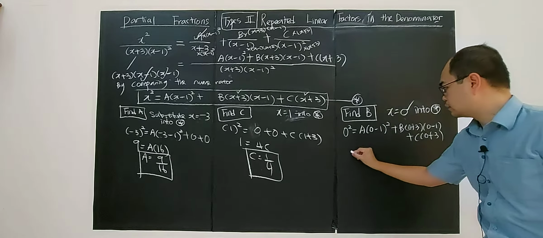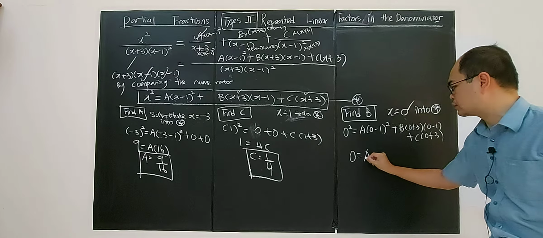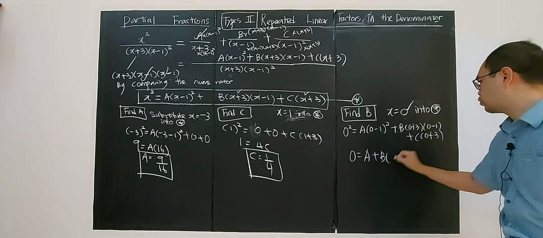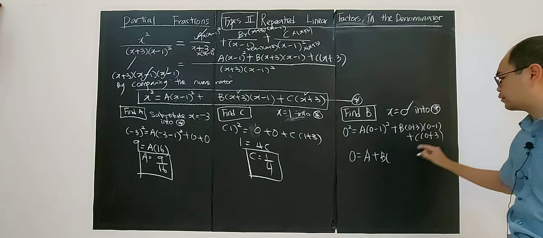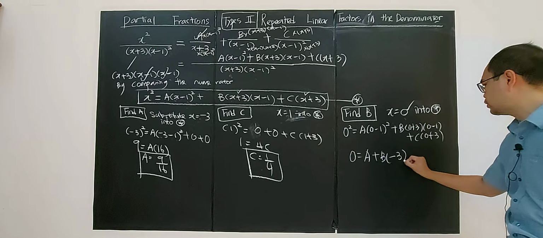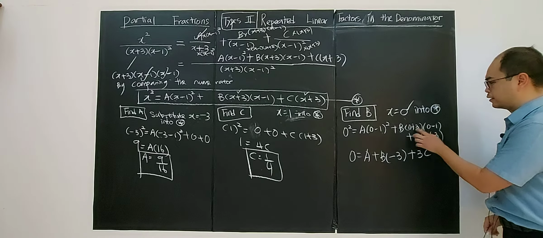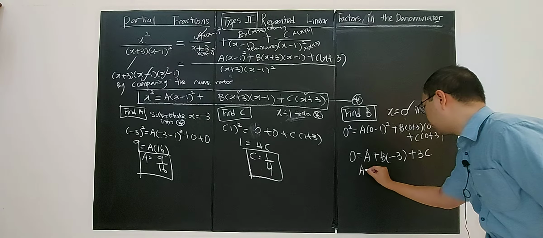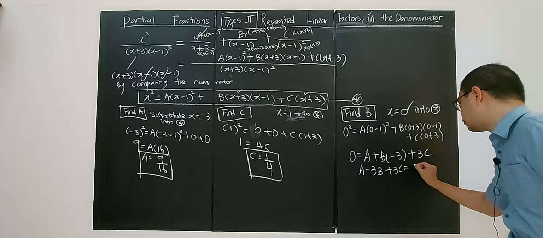Doesn't matter. 0, negative 1 squared, you have positive a, plus b times 3 times negative 1. So you have negative 3b plus 3c. So you have a minus 3b plus 3c equals to 0.